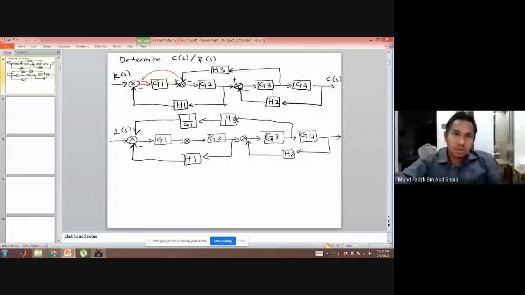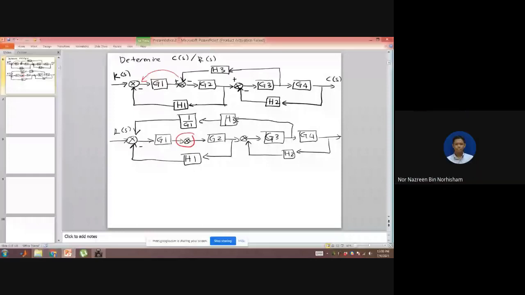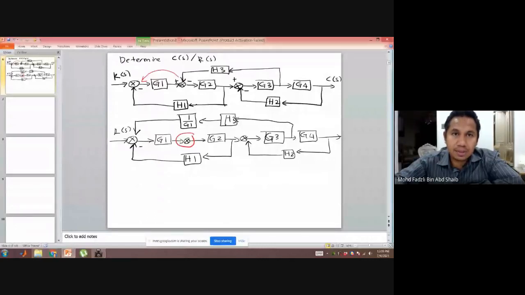See? Do you have this anymore? When we move this summing point to the front, do you have this anymore? No. Very good. So we need to delete this.